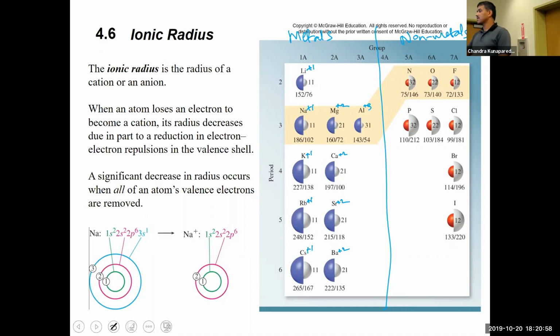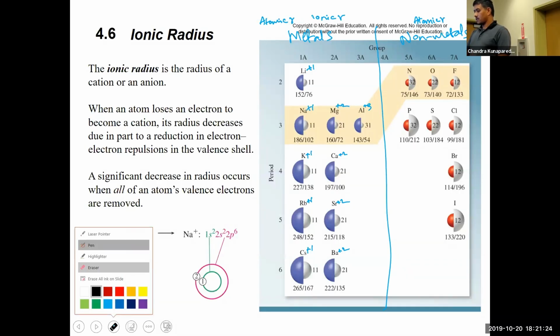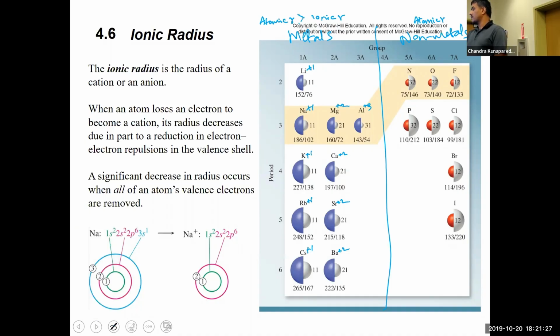So for metals, atomic radius is greater than ionic radius, whereas for non-metals, atomic radius is smaller than ionic radius. Let's discuss why.